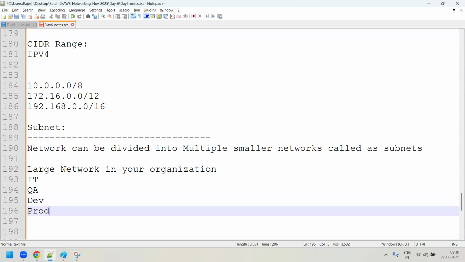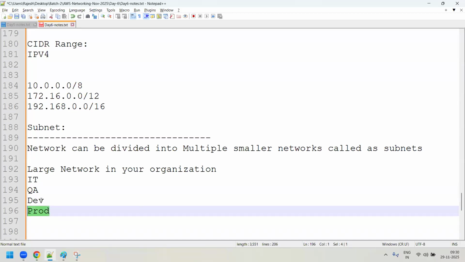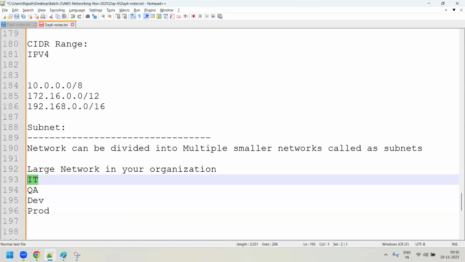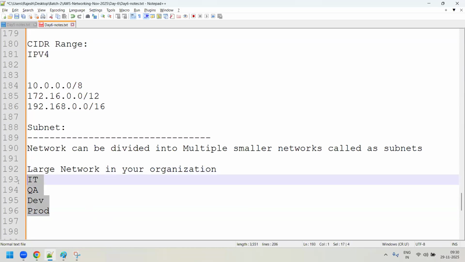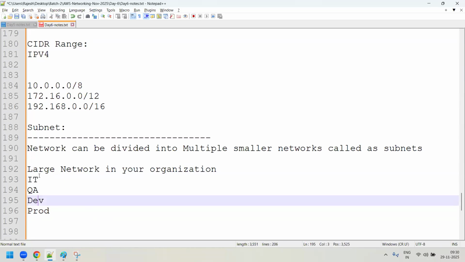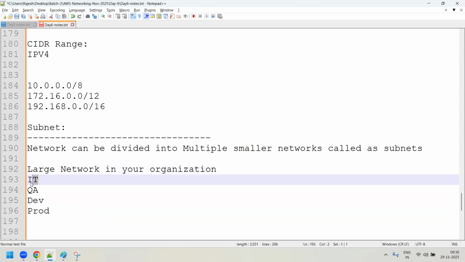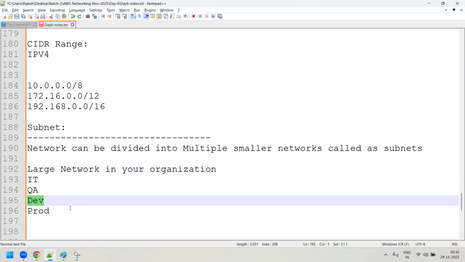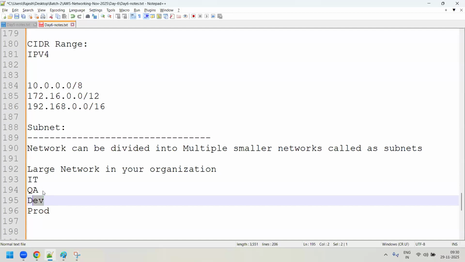Each and every department should get a dedicated IP range. All these divisions fall under the same organization, but you need to have your own network. So you can take that whole large network and divide it among these four divisions. Dividing the whole large network into smaller subdivisions is what we call subnetting, or a subnet.